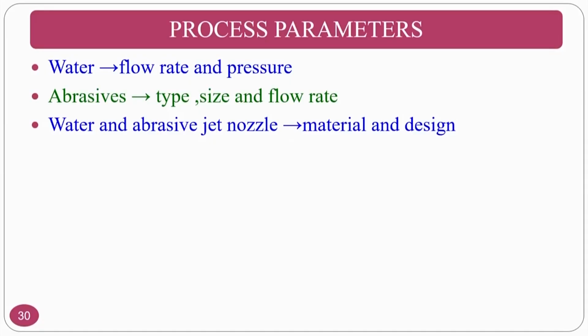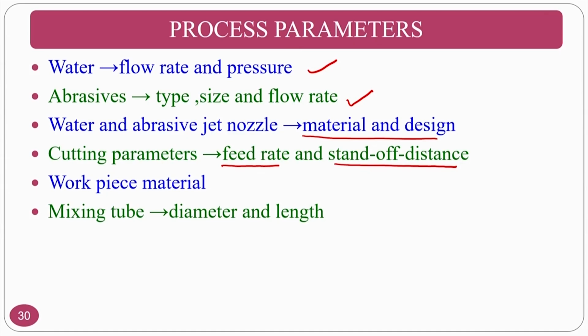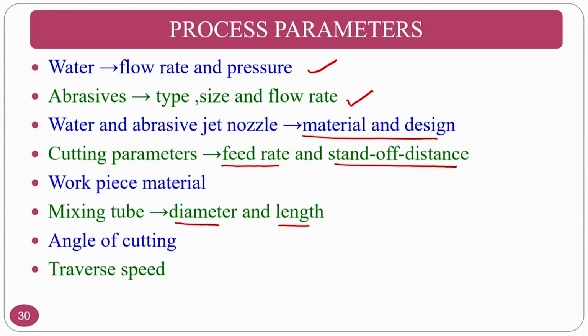So, from the literature, what the authors observed is that water flow rate and pressure play a major role; abrasive type, size and flow rate play a major role; water and abrasive jet materials and design; cutting parameters like feed rate and stand-up distance play a major role; and workpiece material, whether it is a brittle material or a ductile material; mixing tube diameter as well as length, as I said, this plays a major role; and angle of cutting, whether you want to cut 3-dimensional or 2-dimensional, and other things; traverse speed, how fast the nozzle has to move, or if the workpiece is reciprocating or traversing, how fast the workpiece has to move; and the number of passes.